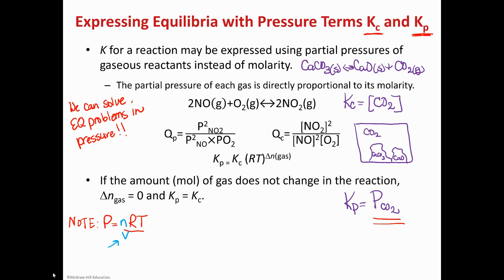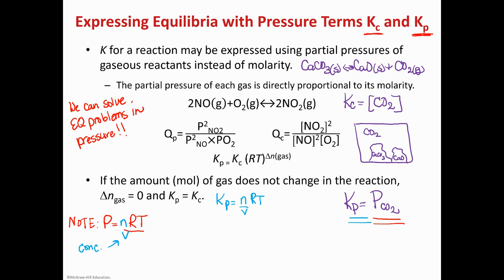Okay, so here, concentration, right? So here's the deal, and I like this easy one to discuss this: we can make a substitution. I could substitute for pressure n over V times RT. See that?